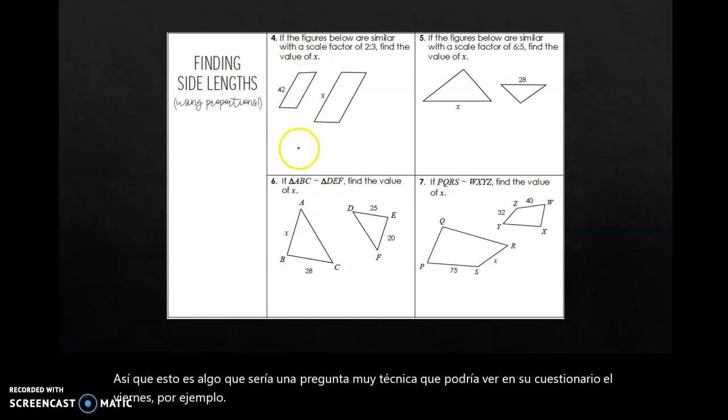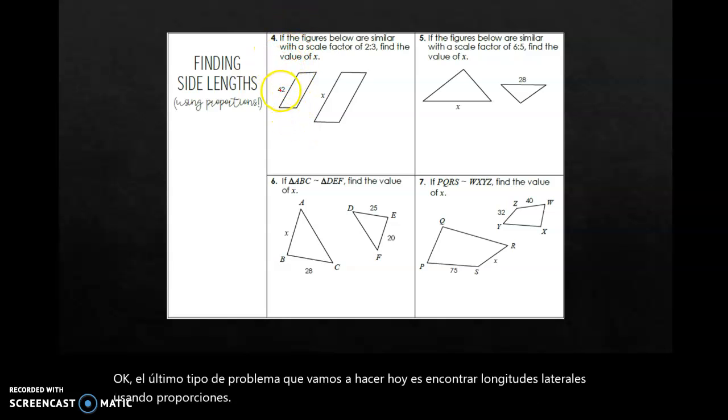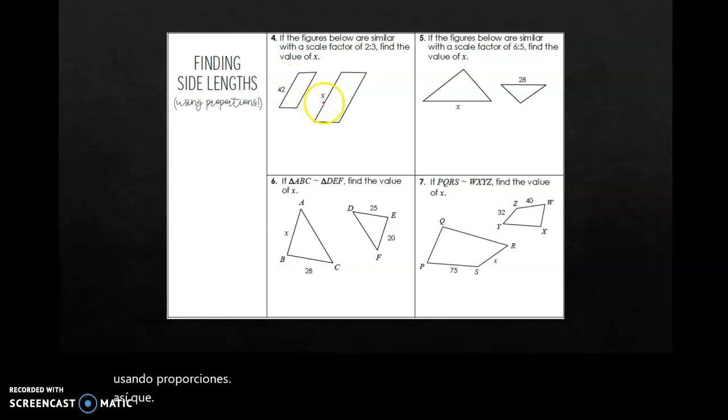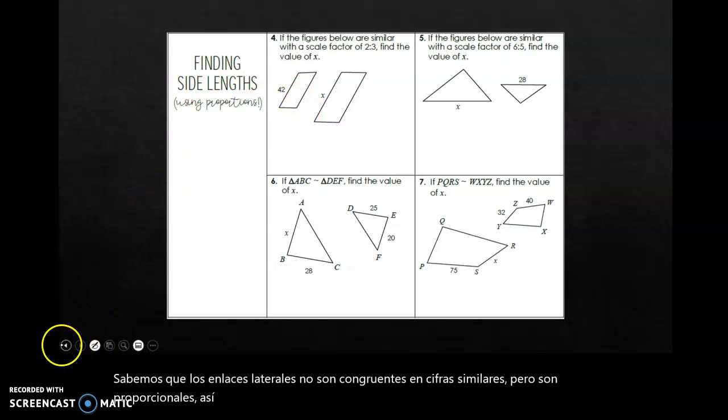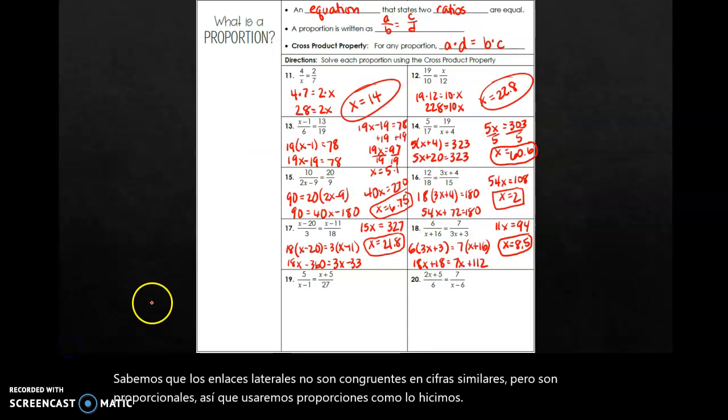Okay, last type of problem that we're going to do today is finding side lengths using proportions. So we know that side lengths are not congruent in similar figures, but they are proportional. So we'll use proportions, just like we did right here, to solve for missing side lengths.